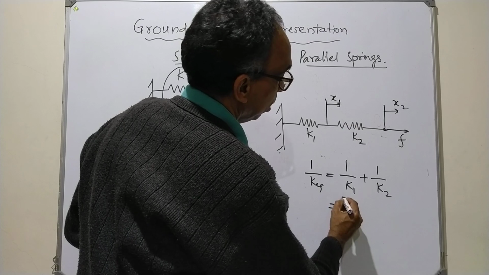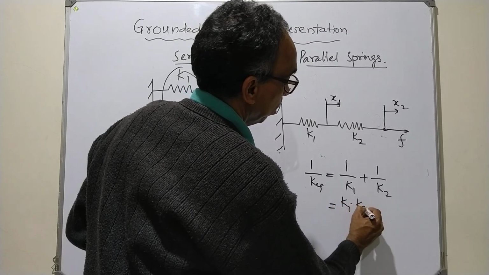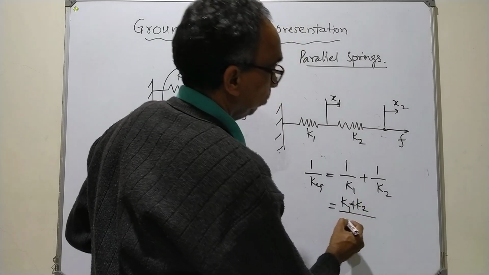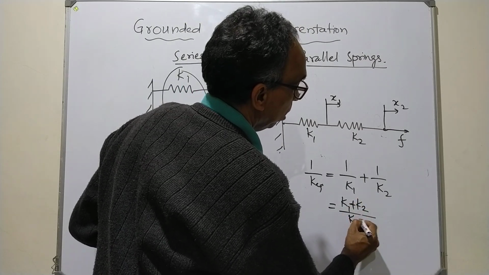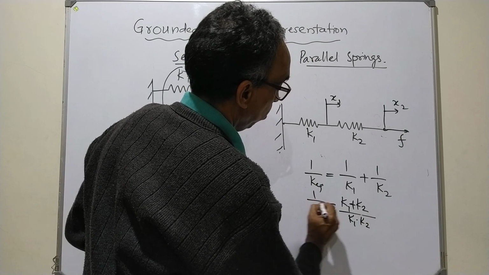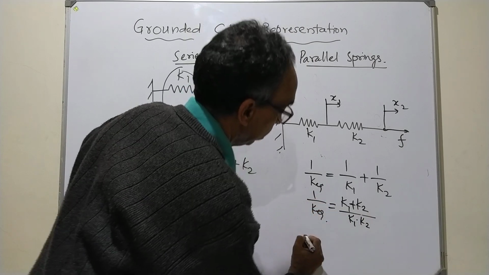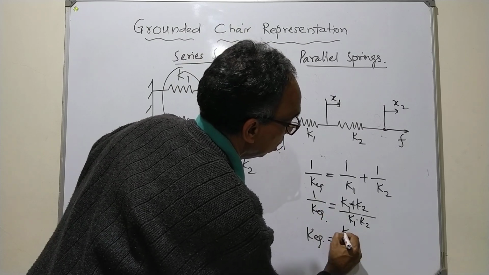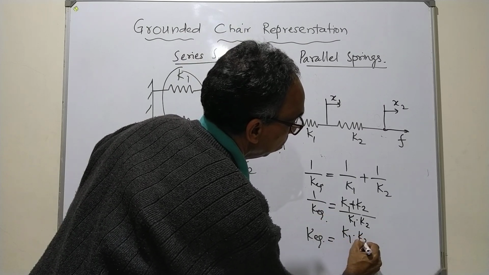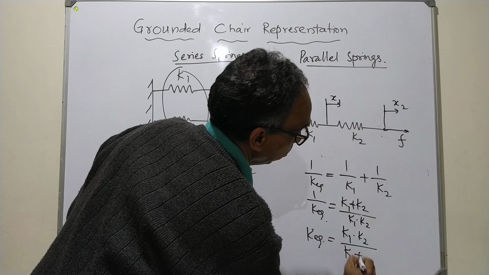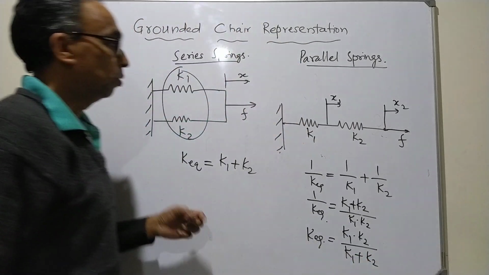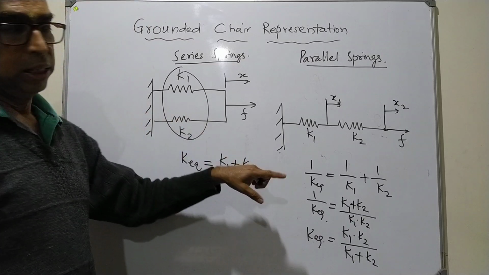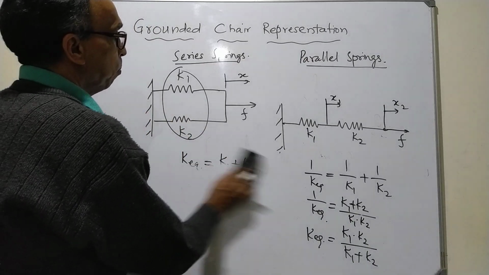That is nothing but K1 plus K2 upon K1 into K2. This is 1 upon K equivalent, and K equivalent is the inverse of this, K1 into K2 upon K1 plus K2. So this is just a revision of series springs and parallel springs. The same logic applies for the dampers as well.